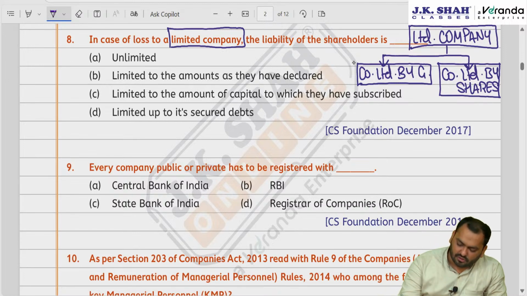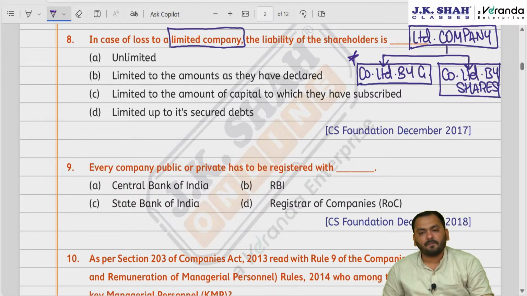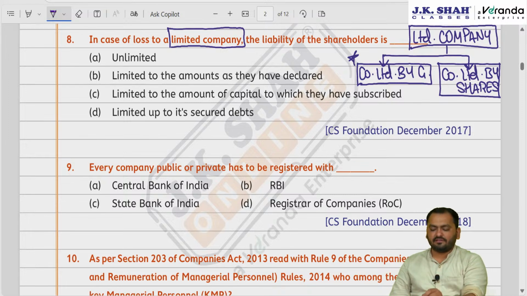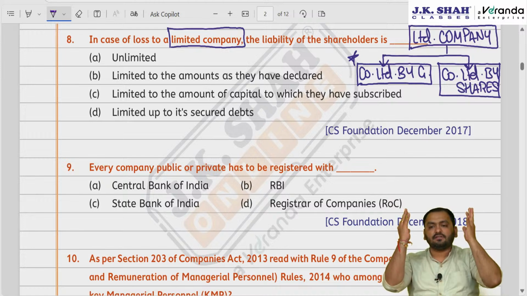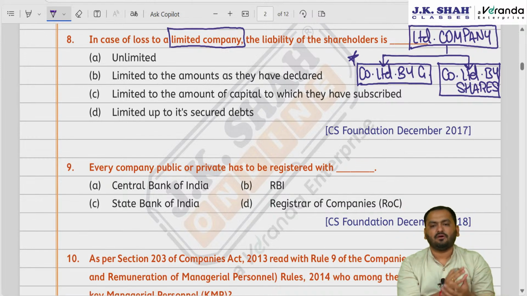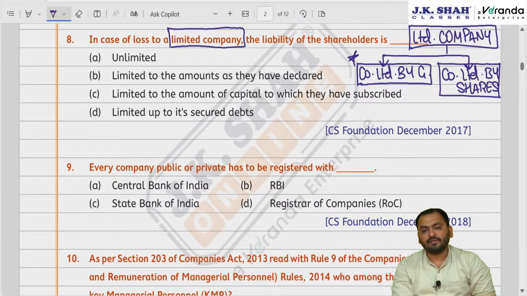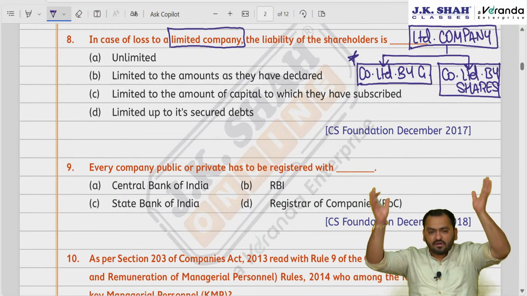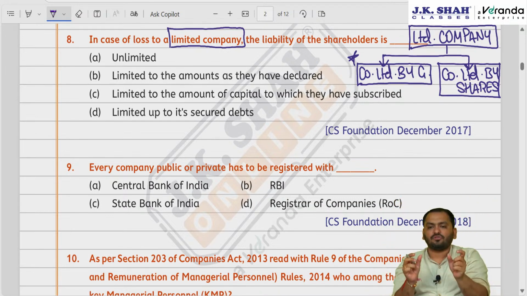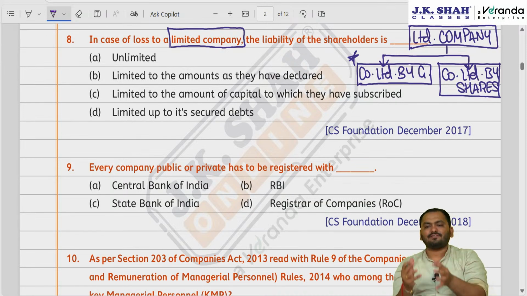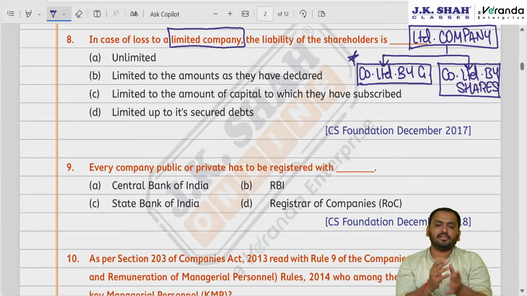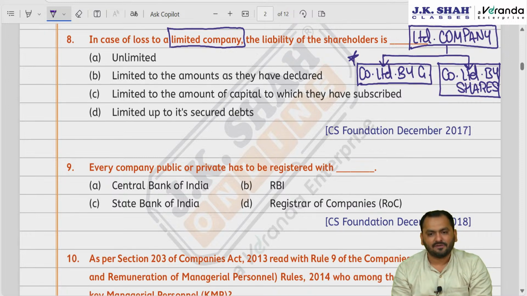Yes, I am talking about company limited by guarantee. In this case the members of the company undertake a guarantee of a certain amount. And that guarantee amount is mentioned in the liability clause of the Memorandum of Association.